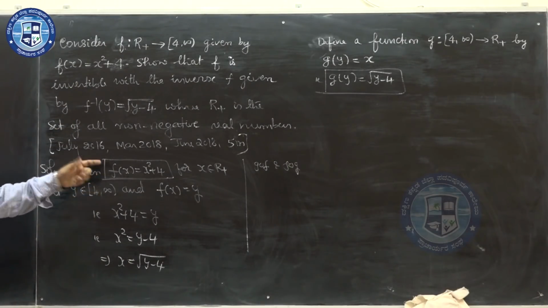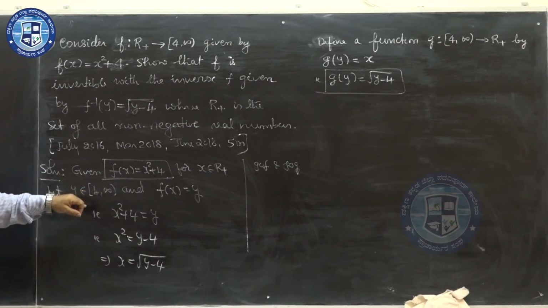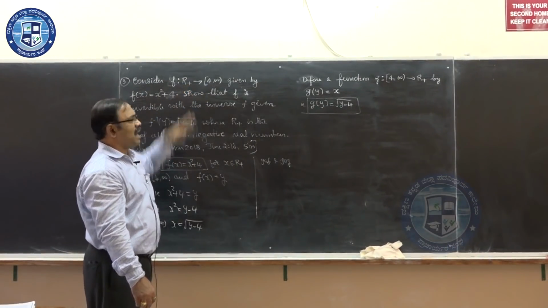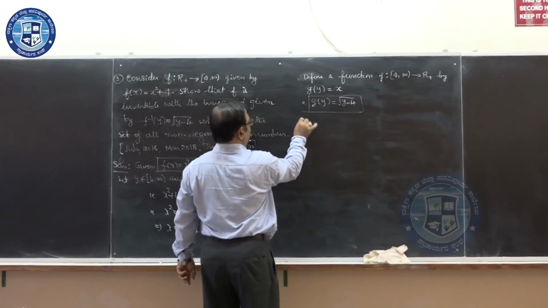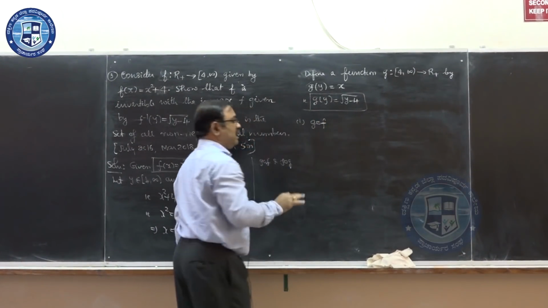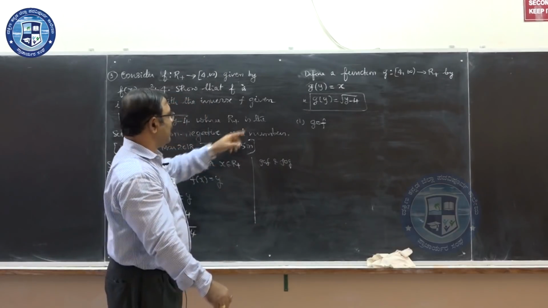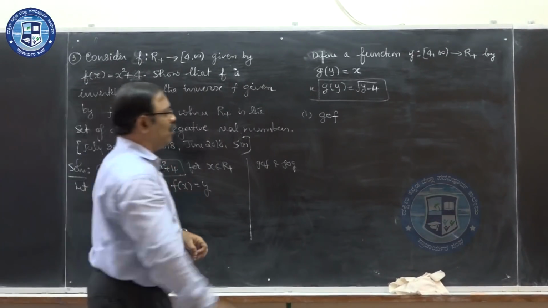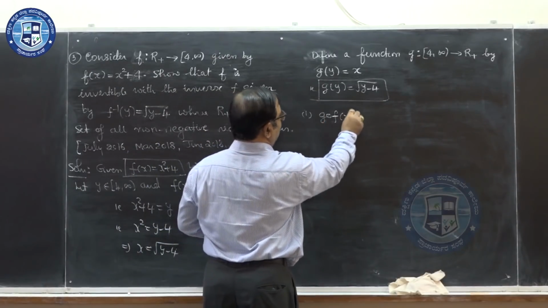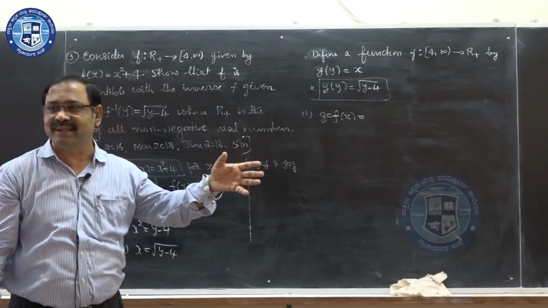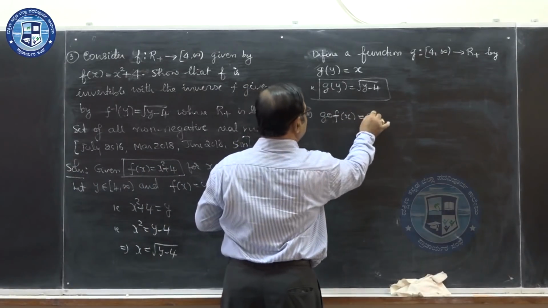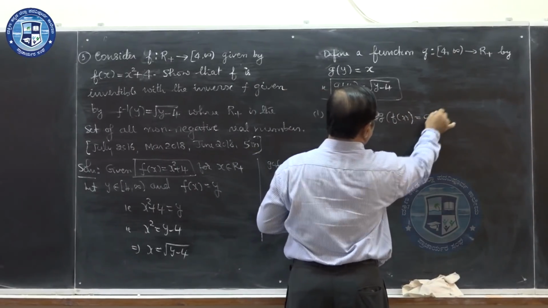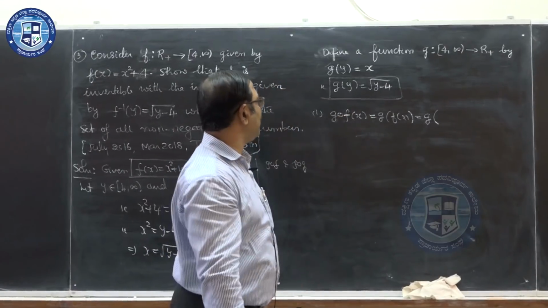See, with the help of the given function, I am finding a function g from 4 comma infinity to R plus. Now I am writing g composite f of x. You have to understand this. I have defined f of x is x square plus 4. Therefore, g composite f of x is nothing but g of f of x.